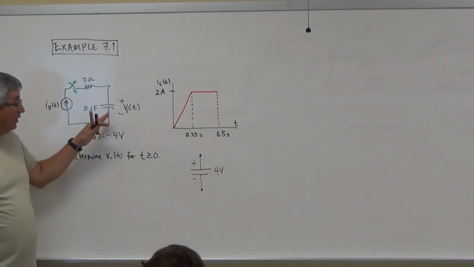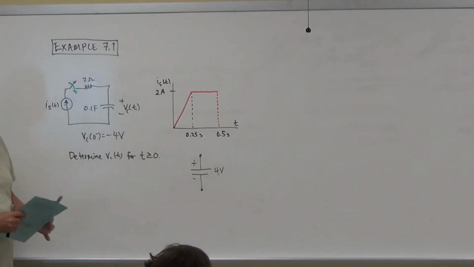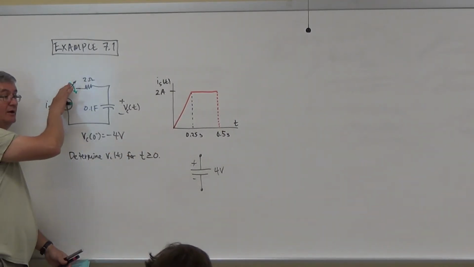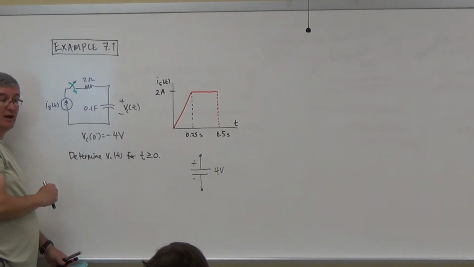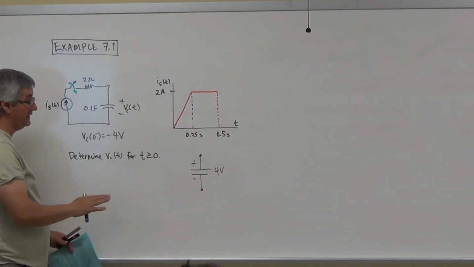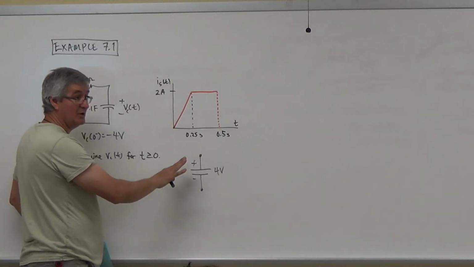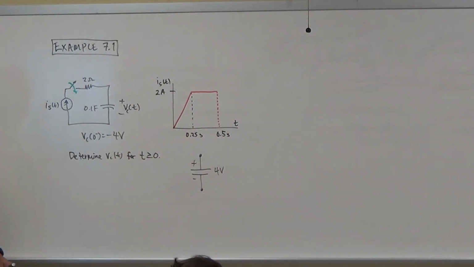So to build up voltage on this capacitor, I essentially got to change the polarity of this capacitor. And after I change the polarity, at some point maybe I'm going to go above negative 4 volts. I don't know. We'll calculate that. But physically, that's what has to happen.